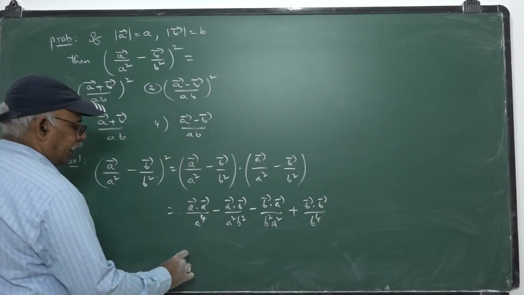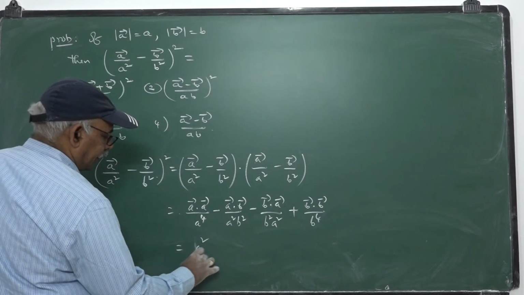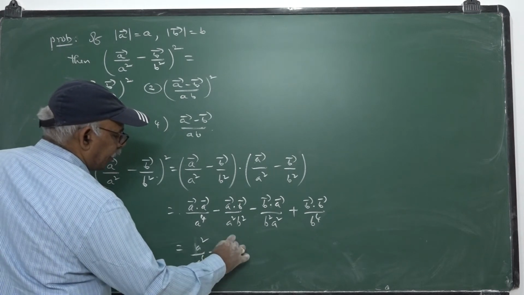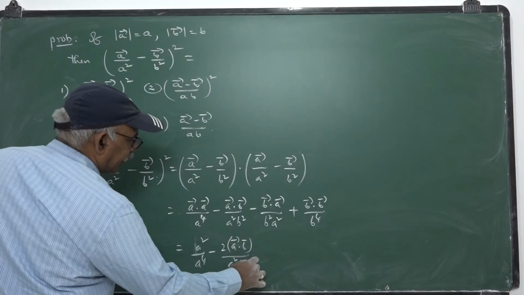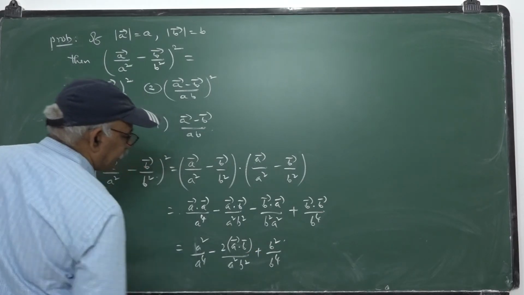But a dot a is mod a square, so a square by a power 4 minus twice a dot b by a square b square plus b square by b power 4 itself.